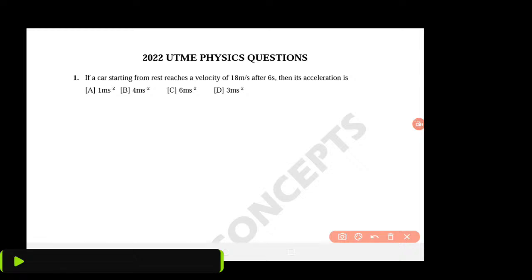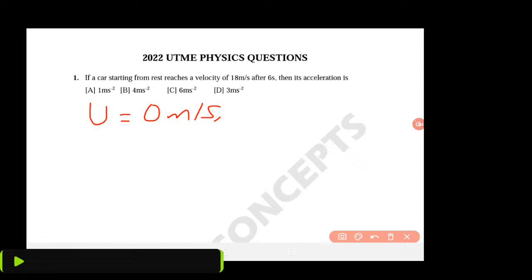If a car starts the journey from rest, definitely we are going to have our initial velocity u equal to 0 meters per second, because the journey is starting from rest. And if a journey ends at rest, it means the final velocity will be equal to 0. So this journey started from rest, and we have our initial velocity equal to 0.